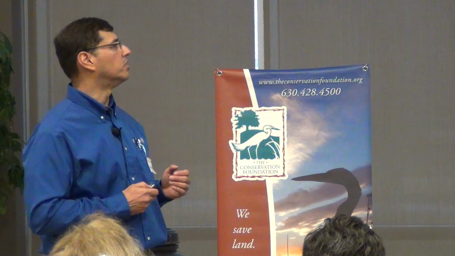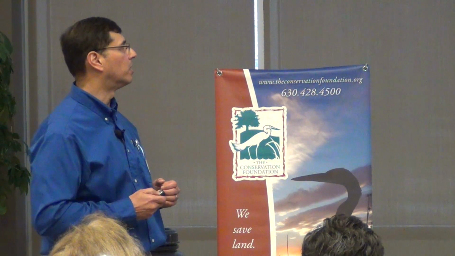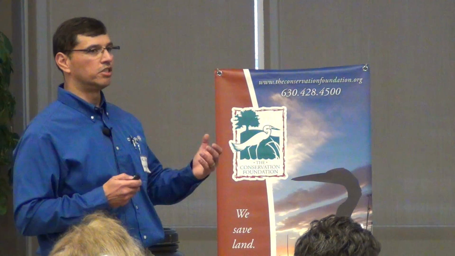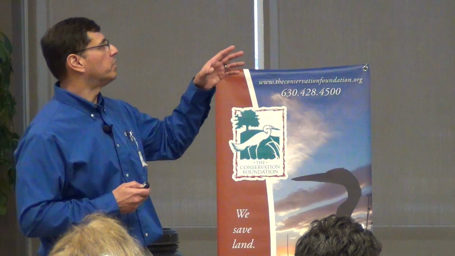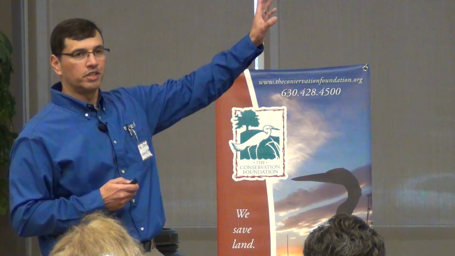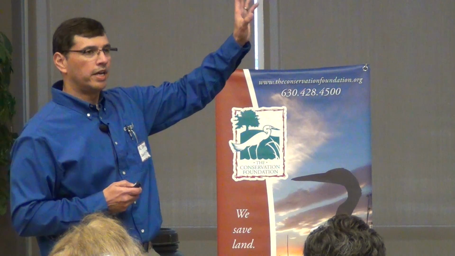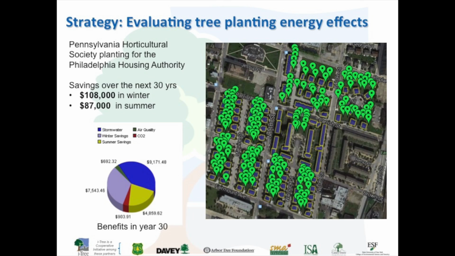How this has been used, it varies greatly too. I'll share just a couple instances or examples. You saw this picture. So this is one that was really specific to energy efficiency, where a nonprofit, Pennsylvania Horticultural Society, was planting trees in public housing. So this was taxpayer subsidized housing, so they really wanted to minimize the impact of the utility costs.